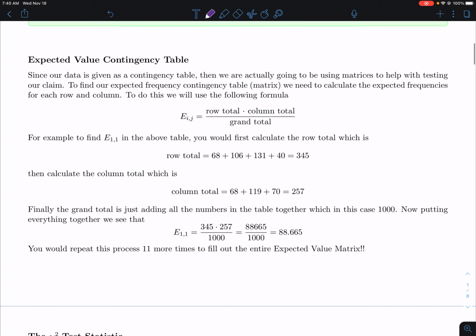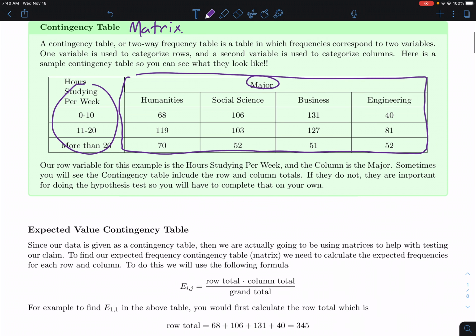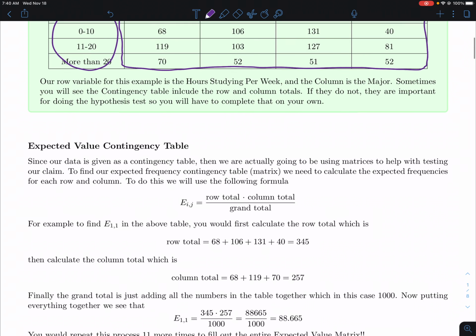So how to find the expected value. Technically it's the same idea, but to find the expected value matrix in this case, what you're going to do is take the row total. In this case above, I think I did one here. Which one did I calculate?